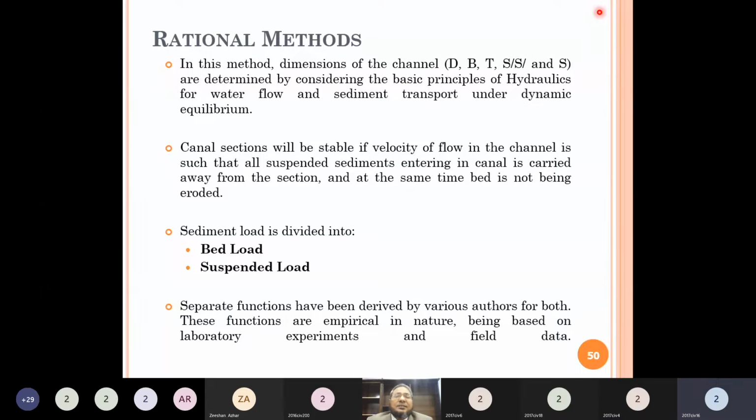And once we design the irrigation channels, we must know the various types of channels, starting from the head regulator of the main canal to the field. So what are the various categories of the channels?